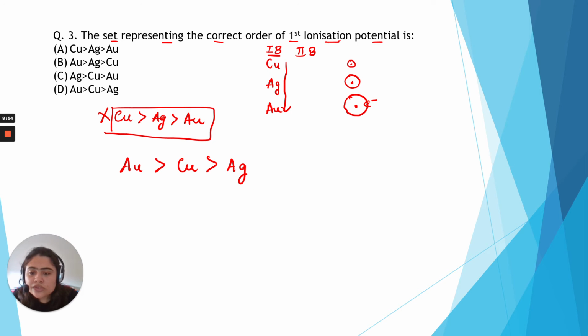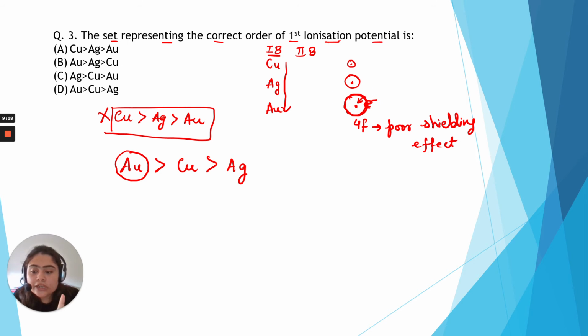Why this trend? Because gold has inner 4f orbital electrons. These 4f electrons shield the outermost electron poorly. It has a poor shielding effect. So what will happen? The nucleus will attract the outermost electron with a greater force.